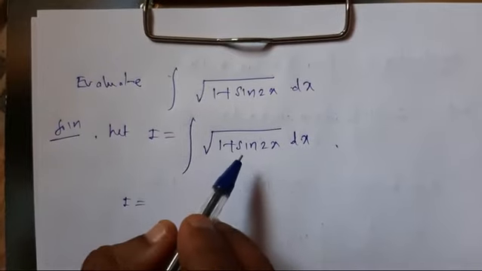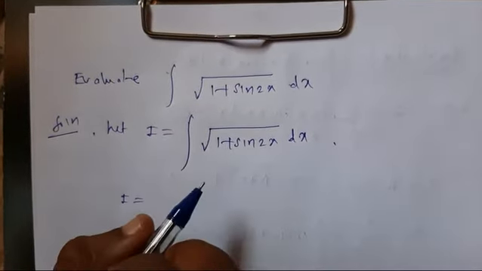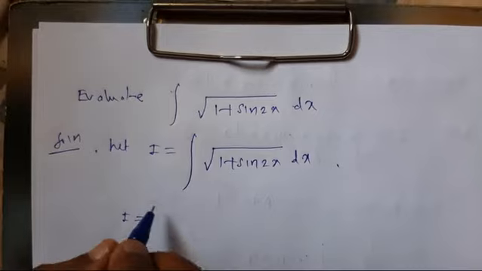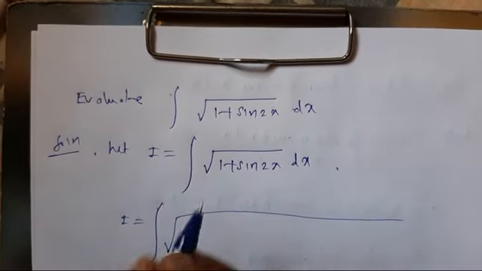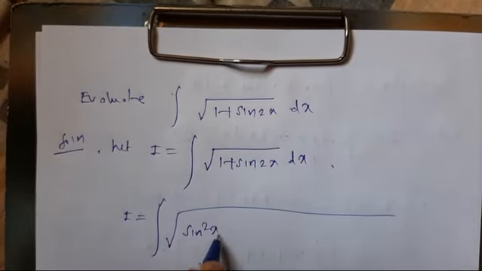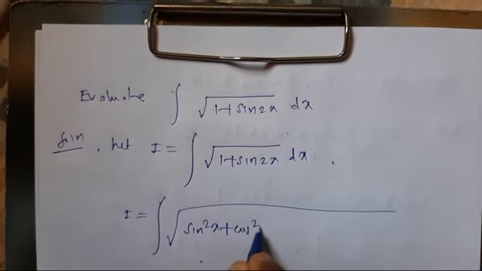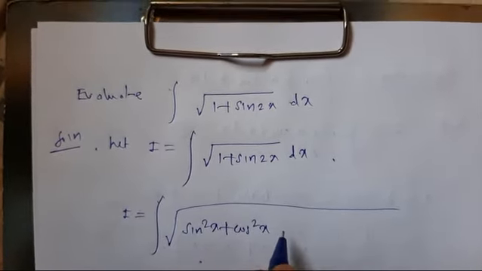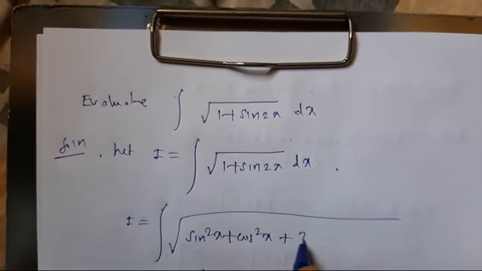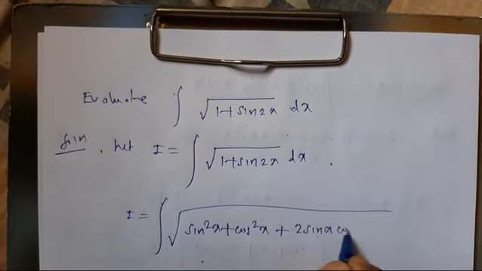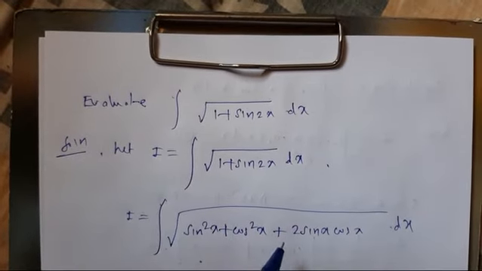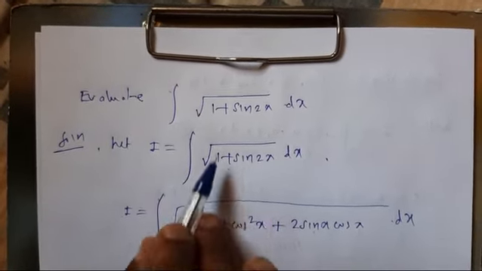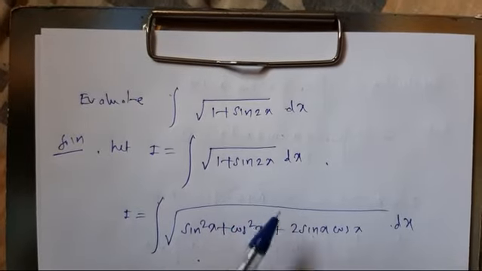I cannot apply a formula directly for this function, so I will do some adjustment here. First I will write 1 as sin square x plus cos square x, and I will write sin 2x as 2 sin x into cos x. I am using this formula only to remove this square root sign.